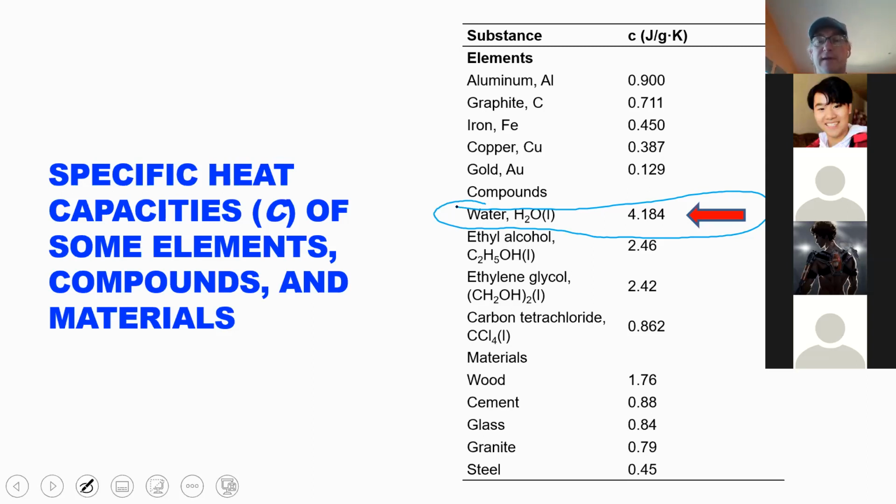And you can see with metals, just like metals conduct electricity very well, they also conduct heat very well, meaning that they warm up very, very quickly when you heat them.